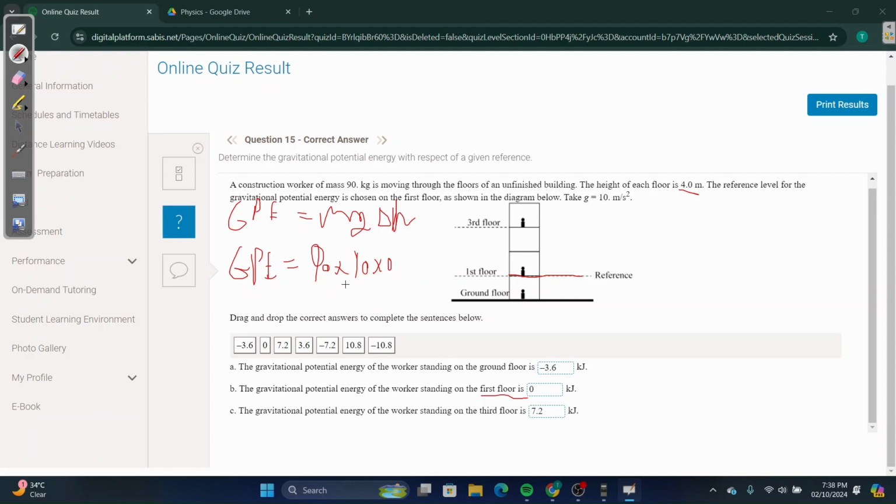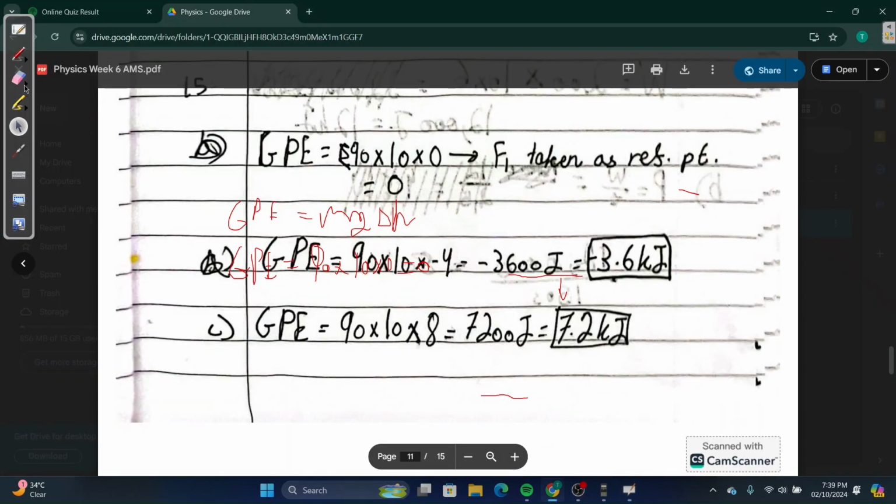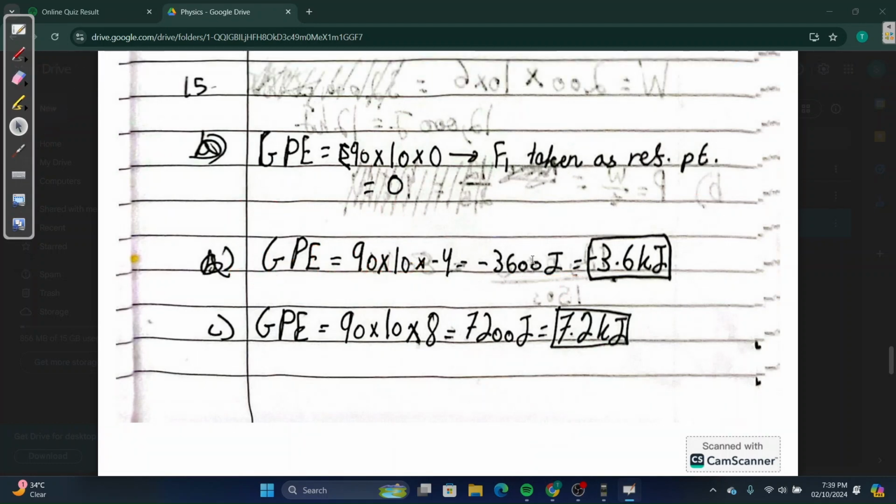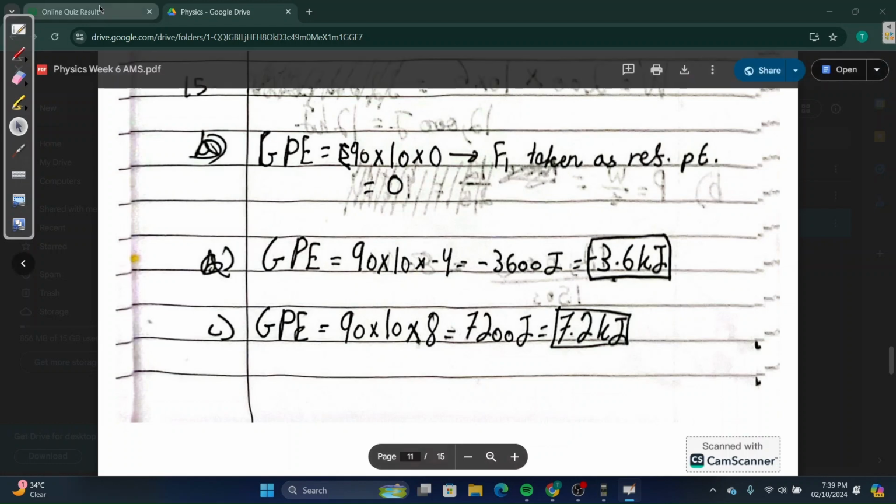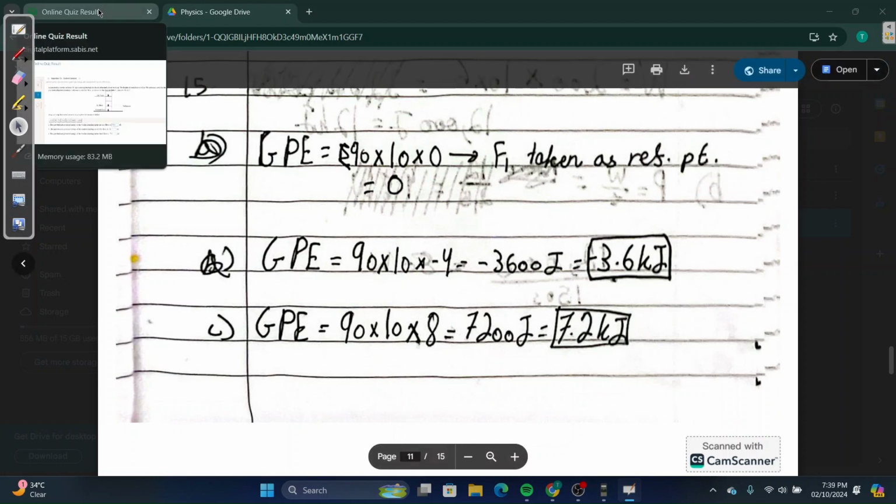So this is gonna be 0. Okay, and now we solve part A. He is under the reference by 4 meters. So it's gonna be 90 times 10 times negative 4, negative 3,600 joules. And I want it in kilojoules, so divide by 1,000, negative 3.6.